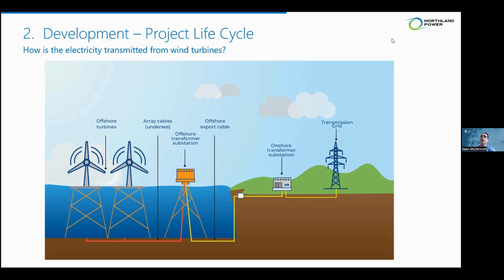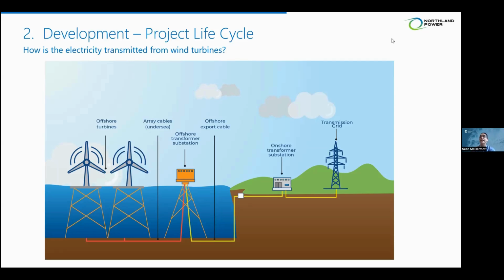Also, not every offshore wind farm has an offshore transformer substation. That's a common part of newer projects as projects get bigger, but the earliest projects often just brought cables directly to shore, so you won't see an offshore substation in every operating wind farm.